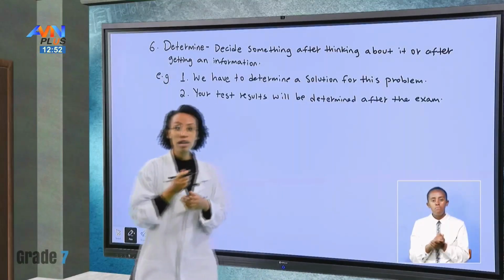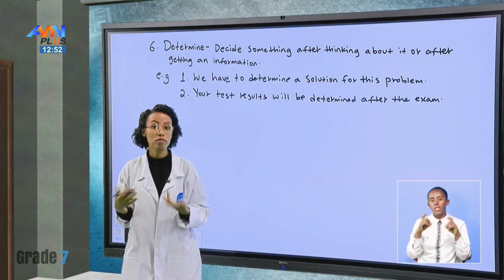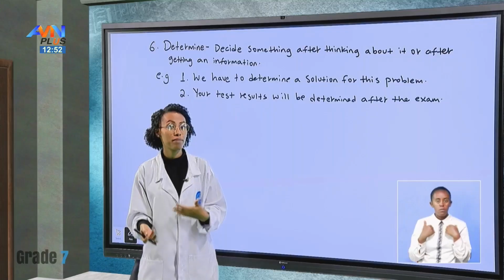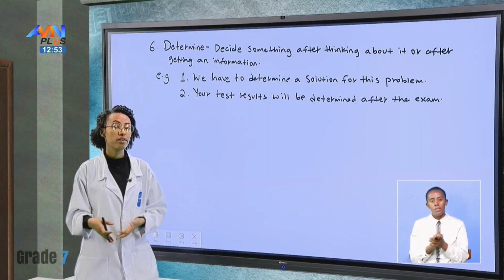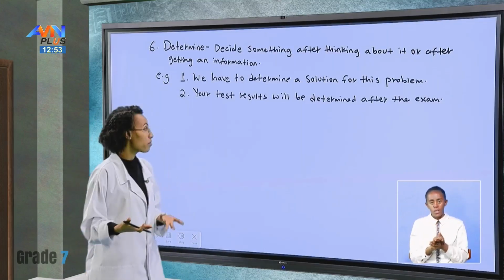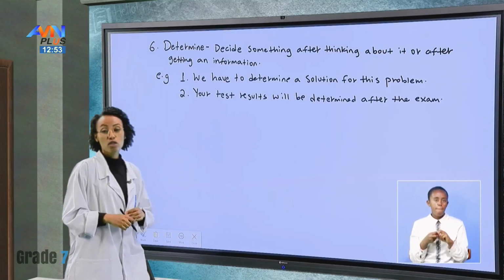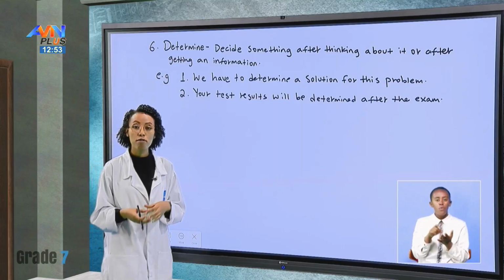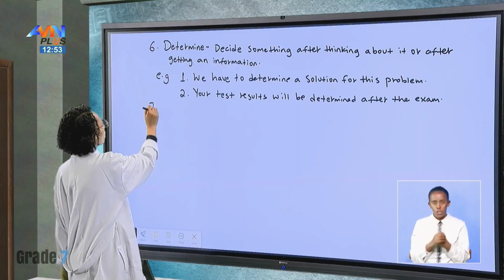If you see here, something will happen, what? After, in this case, after exams. After exams, meaning your examiner or your teacher has enough information to determine your results. Either you get A, B, or C, depending on what you have given. In this case, we have to determine a solution for this problem. Again, to determine a solution for a problem, you have to have prior information about that situation. Okay.